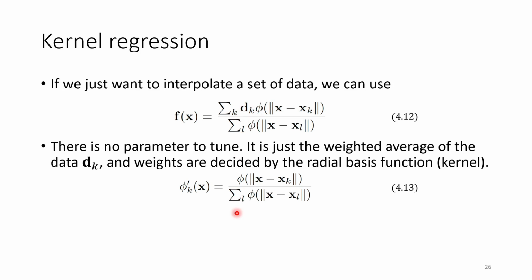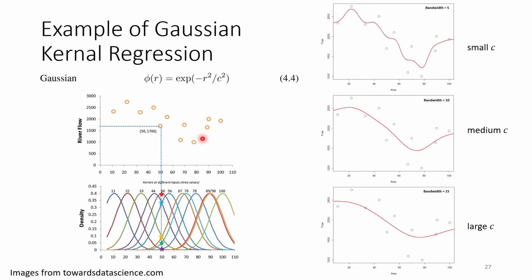The advantage of this approach is there are no parameters. You don't need to tune anything, and it's very straightforward. Once you decide your kernel or radial basis function, it's very easy to compute those weights and just sum them up.